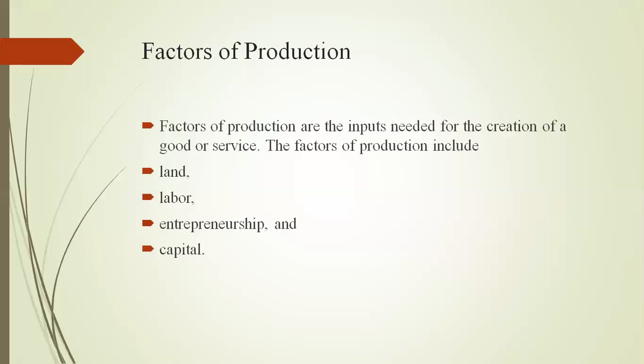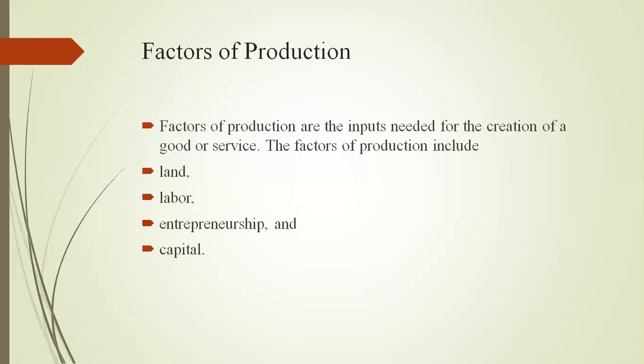Next and last one is entrepreneurship as a factor of production. First of all, what is the meaning of entrepreneur? A person who starts a business and bears the risk of failure or success of the business. Entrepreneurship is the secret source that combines all the factors of production into a product or service for a consumer market.